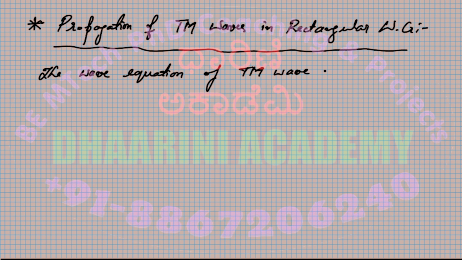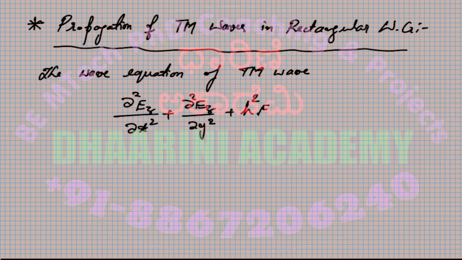The wave equation is a second order partial differential equation: dou square Ez divided by dou x square plus dou square Ez divided by dou y square plus h square times Ez. Recall this is what we had written in the previous class.